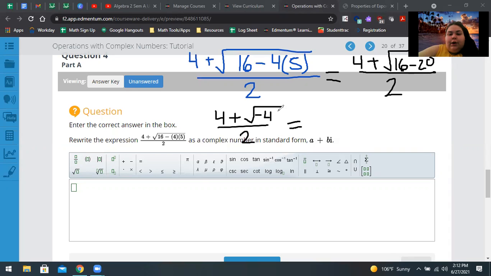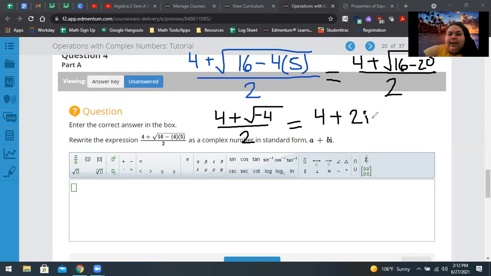And because we are in imaginary, right, I like to say imaginary world, we can take the square root of negative 4. So normally when we're solving and we have a negative inside the square root, we stop and say there's no solution. But again, because you're dealing with complex numbers, you are allowed to take that value there. So we still have this 4 outside, but plus, this will be 2i.